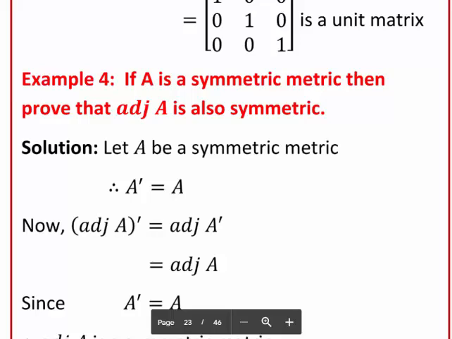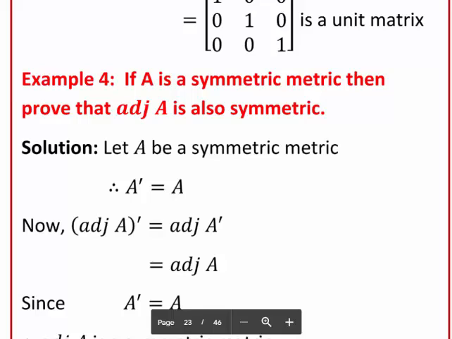A is called a skew symmetric matrix if it satisfies the condition A transpose is equal to minus A.